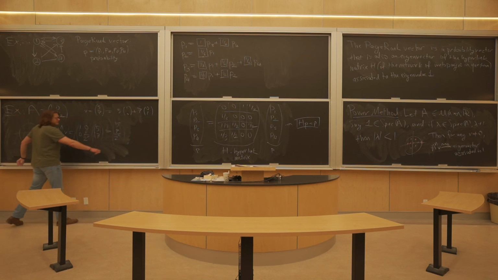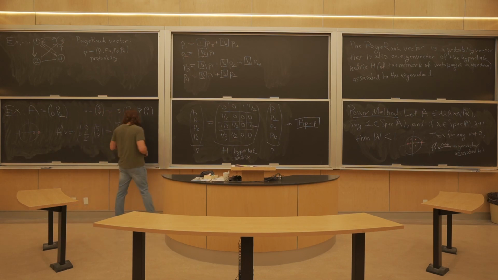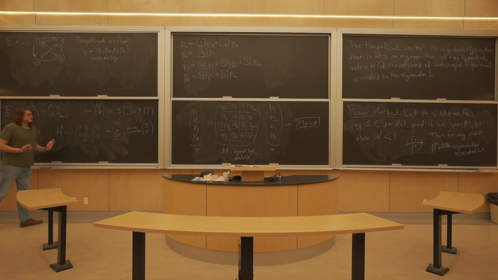Now you see, as I take n to infinity, the second component is going to vanish, and I'm going to be left with (5, 0). That's an eigenvector. That's the idea behind the power method.